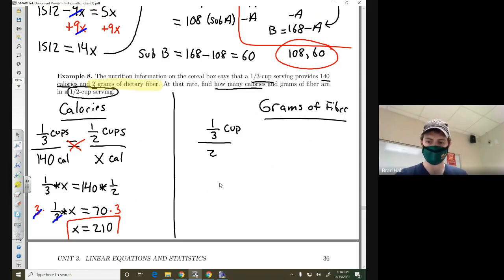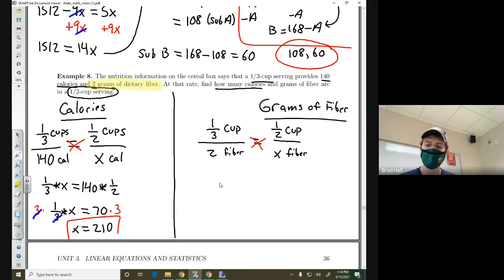Pretty straightforward stuff. I'll just put 2 fiber. And we know that this needs to correspond or translate to a 1/2 cup. So it's virtually the same problem, except there's a 2 there instead of 140. And some slightly different labels for fiber instead of calories.